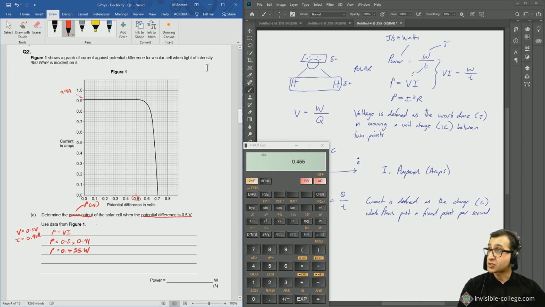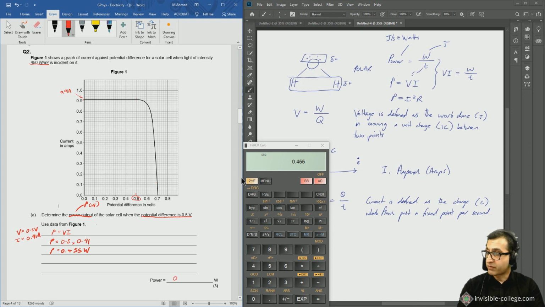So in the stem of the question, we have this quantity here. This is 3 significant figures, right? This value here is 1 significant figure. So this obviously is the largest number of significant figures given to you in the stem of the question. And so if you're not being told to give your answer to a certain number of decimal places or significant figures, and you get this 0.455, 3 significant figures, you don't round it up or down.